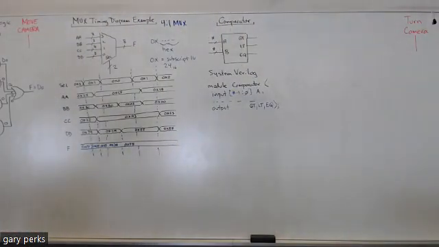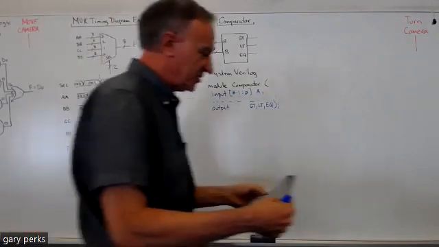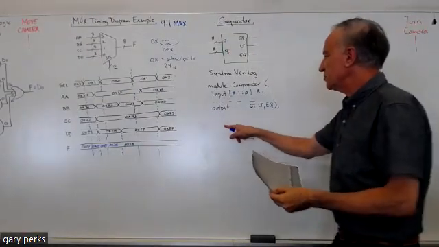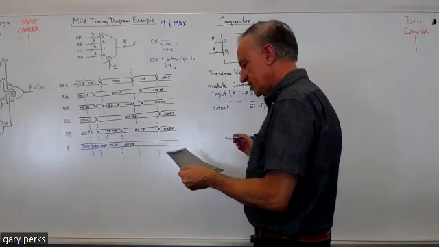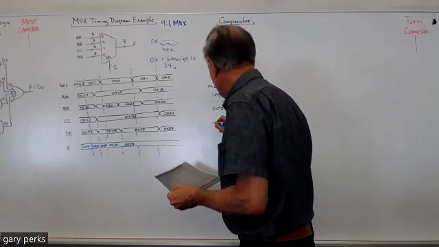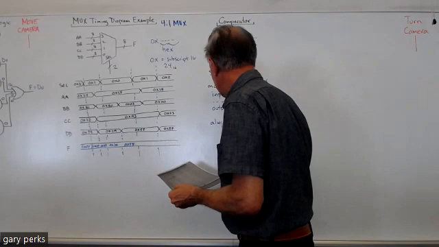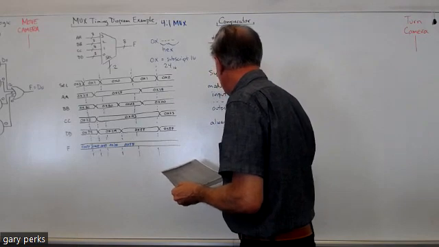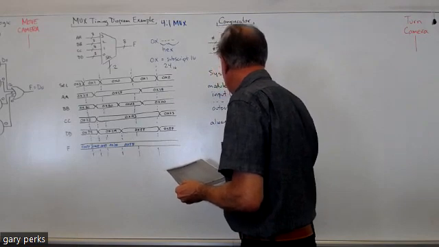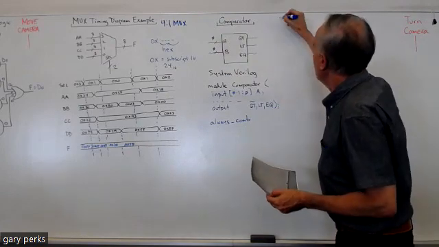But here's where it gets new. When you use an if statement in SystemVerilog, the if statement has to go in what's called an always_comb block. So the next thing we would put after we declare our inputs and outputs is always_comb.